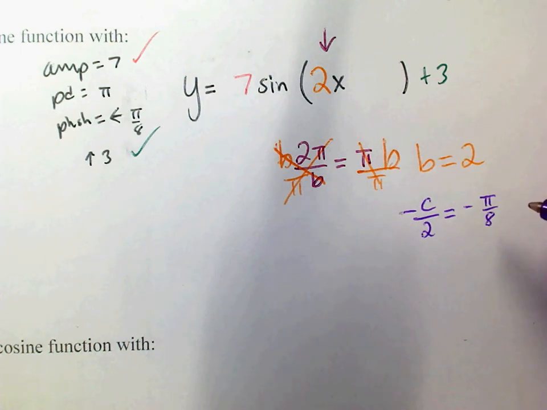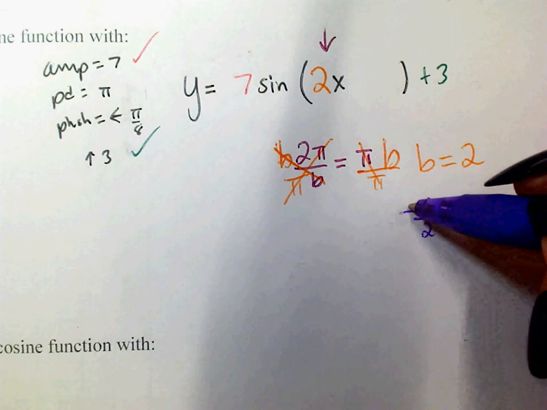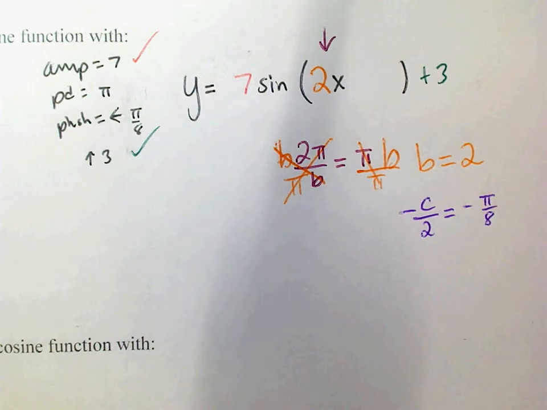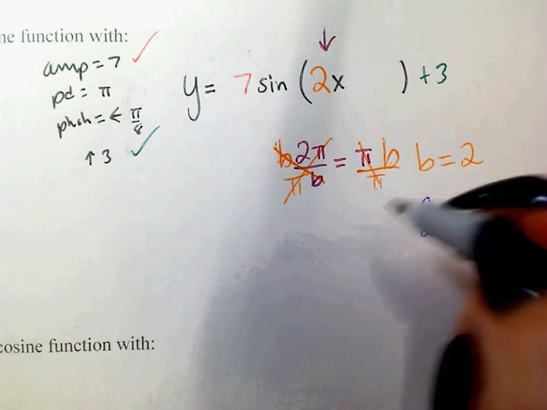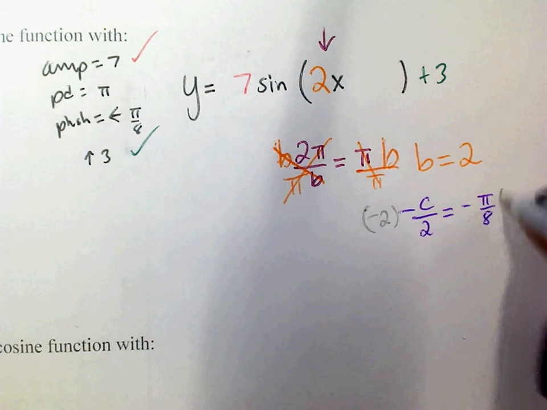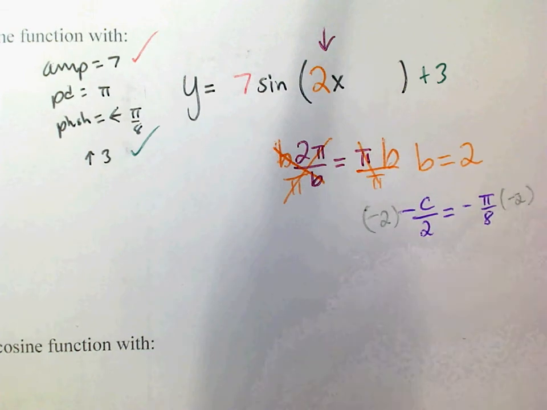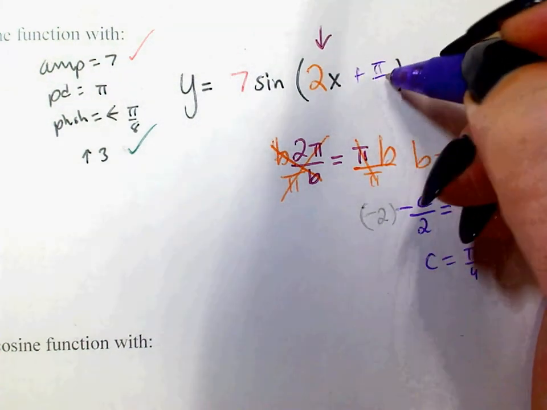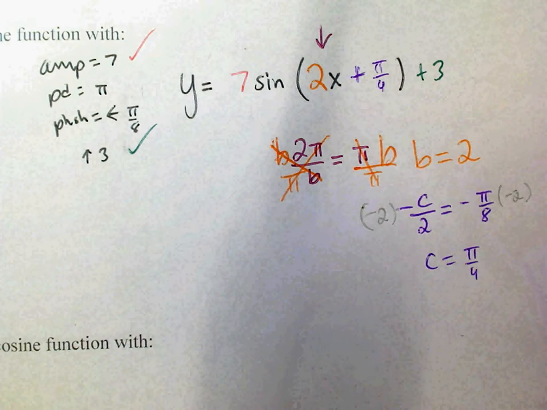You are going to multiply by a negative 2, and when you multiply by a negative 2, what are you left with? Pi over 4, so we get plus pi over 4. And that is my answer.